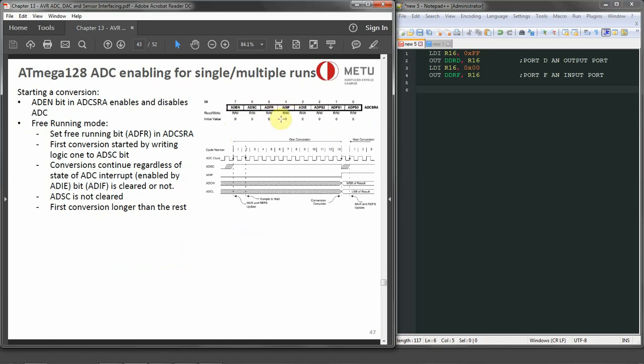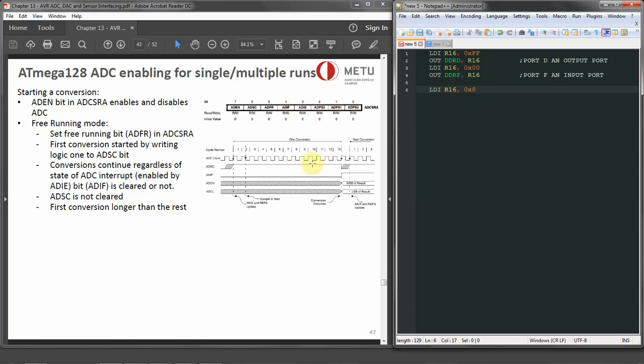Interrupt flag: this is going to be polling, so we are not going to use interrupt flags, and interrupt enable is going to be 0. So the first 4 bits are going to be 1 0 0 0. That means LDI R16, 100 is 8, so 0x8, and then interrupt enable is 0.